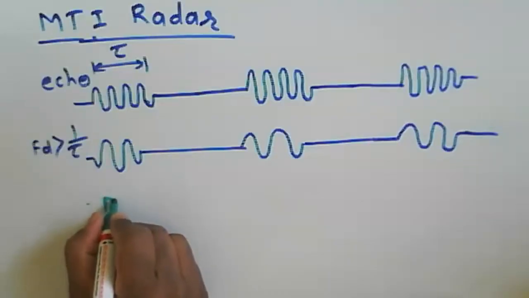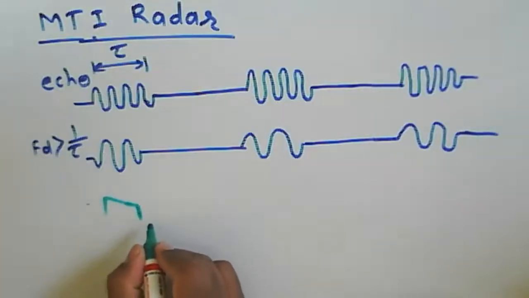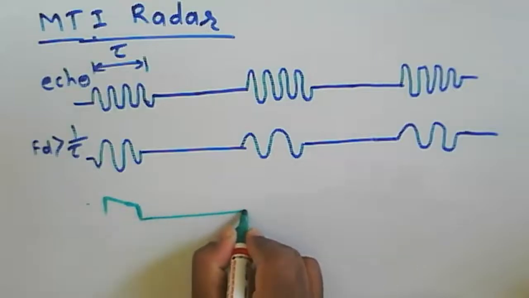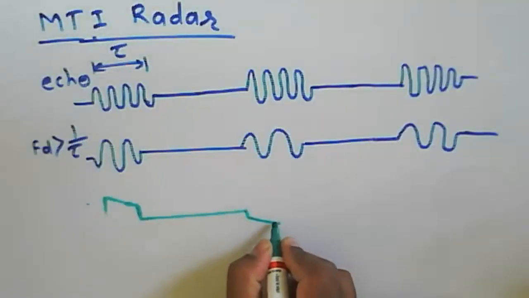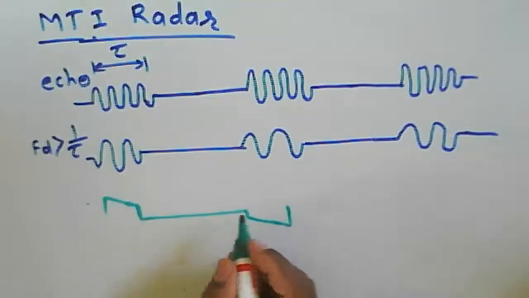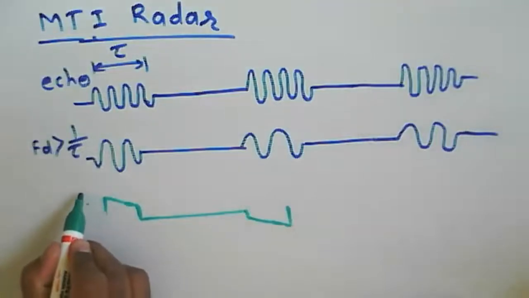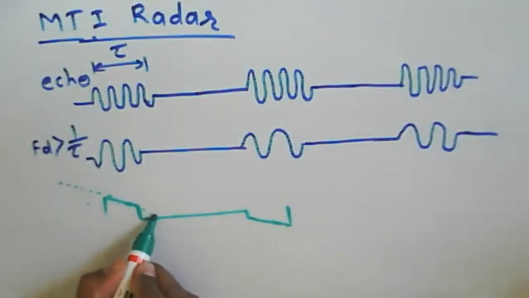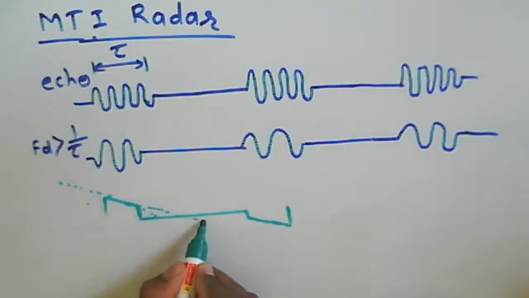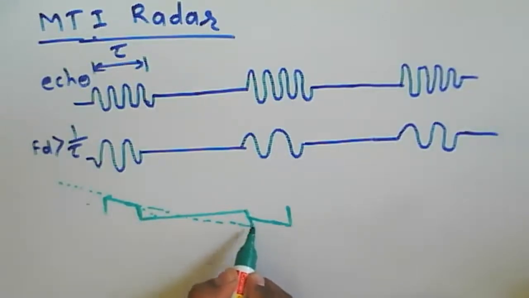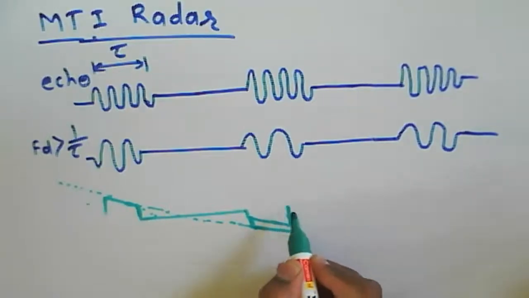Likewise, suppose we say this one is a train of pulses we are transmitting. So this one we are getting. We say that this one is your signal. Likewise, this way we are supposed to get something like this, so it is the train of pulses we are getting.